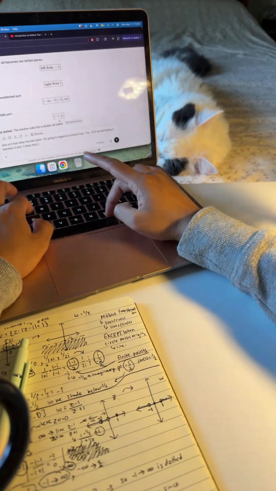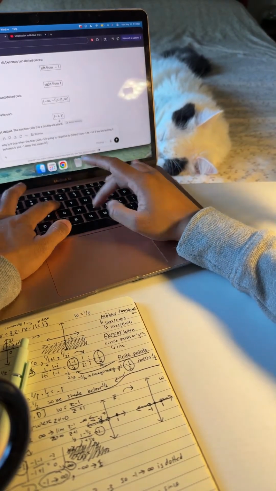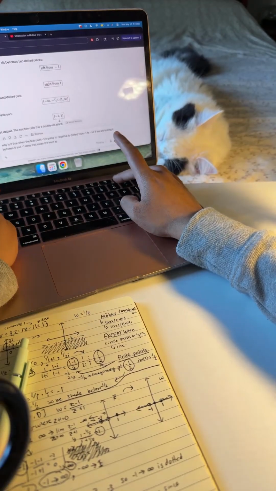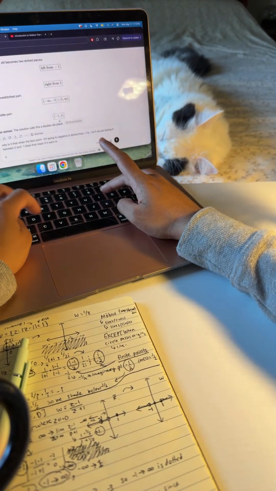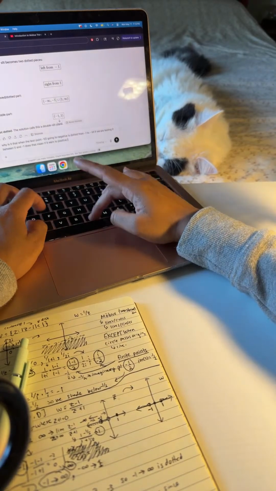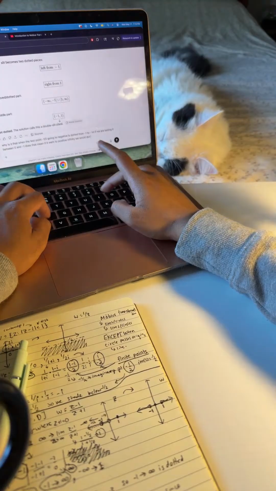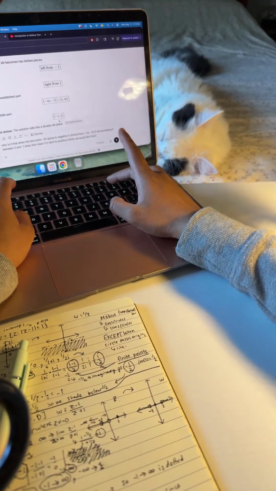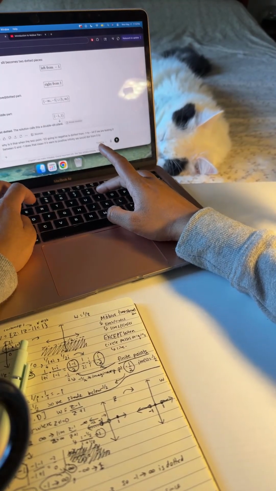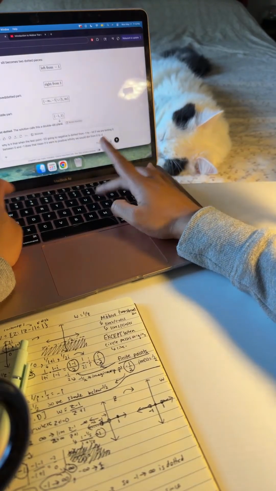Does that mean if it went to positive infinity, we would dot from 0 to positive infinity?